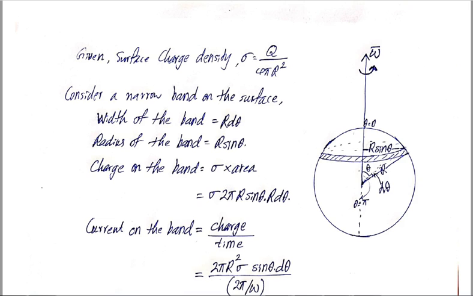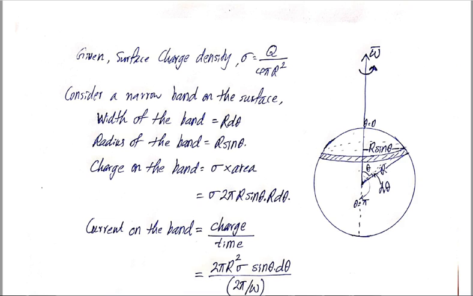This narrow band has a radius of r sin theta, and this is the thickness of the narrow band. This distance is r and this small angle is d theta. The angle subtended by the thickness of the band at the center of the sphere is d theta.